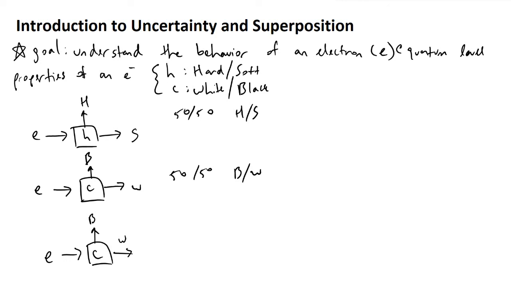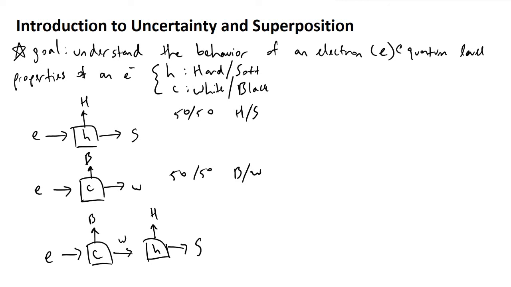And then if I was to take this stream of white electrons and then put this into another box where I wanted to measure the hardness of these white electrons, and I know coming out of the top of this box are going to be the hard electrons, and exiting the side of this box are going to be the soft electrons. What does our intuition tell us?